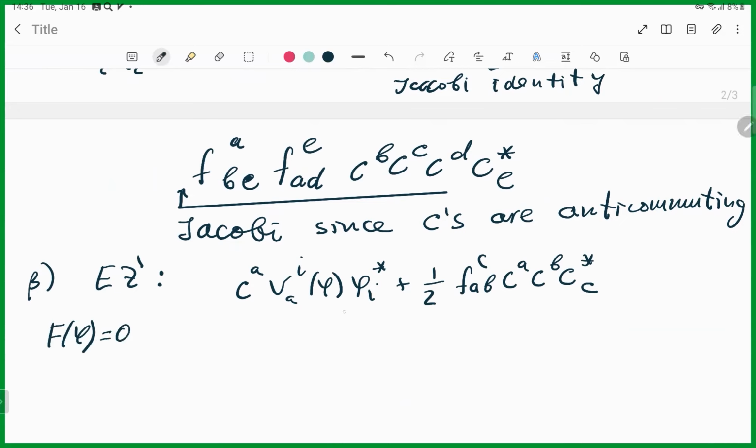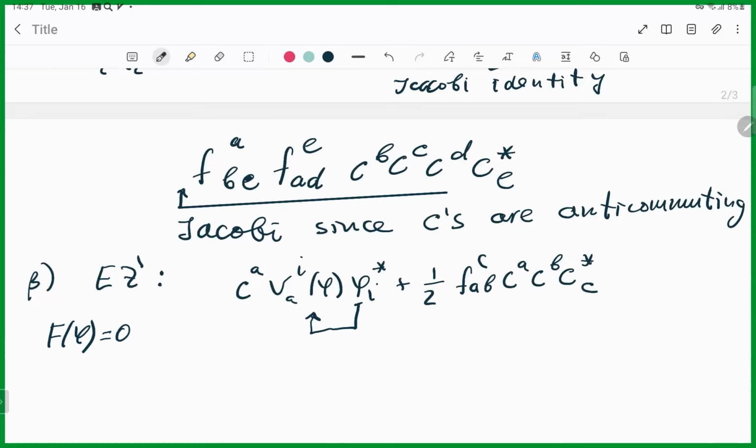Now, what should we compute in taking the classical master equation? The new phenomenon would be the contraction in the BV bracket between phi star and phi.